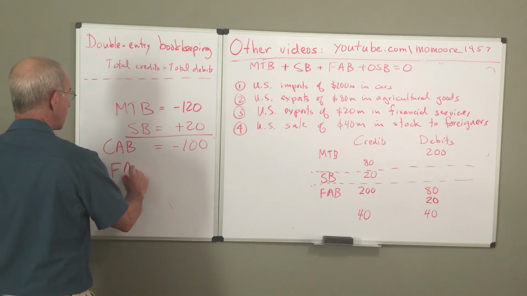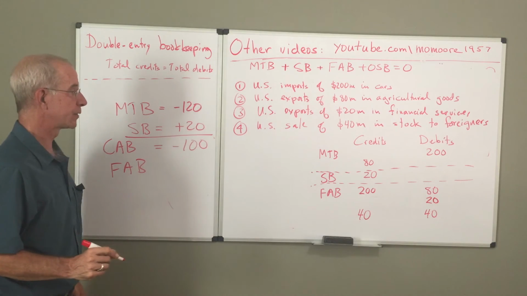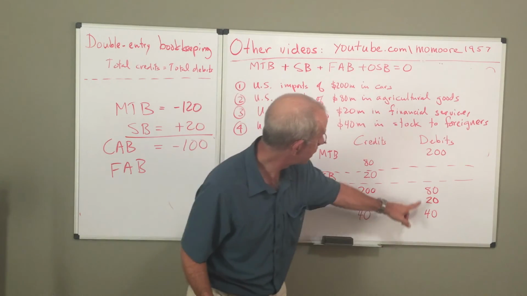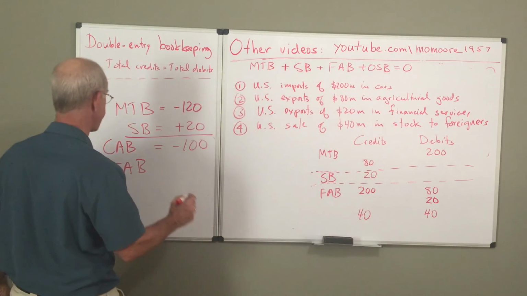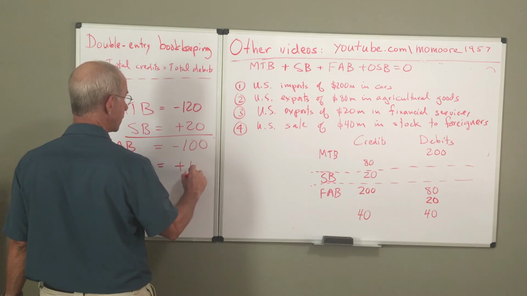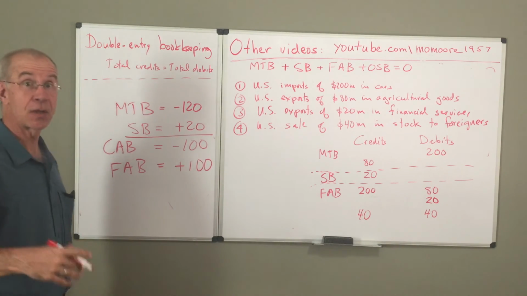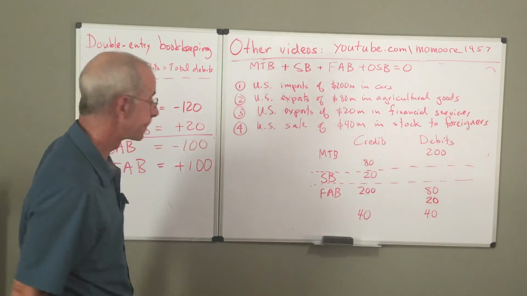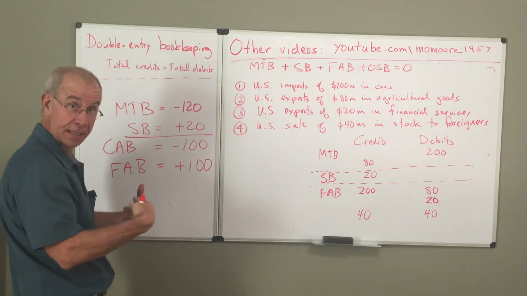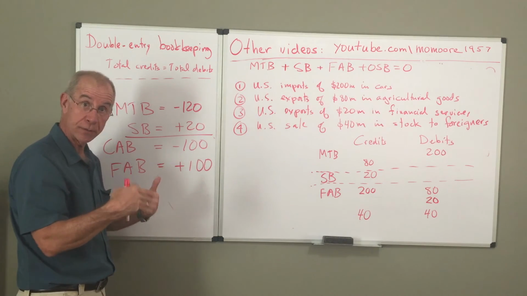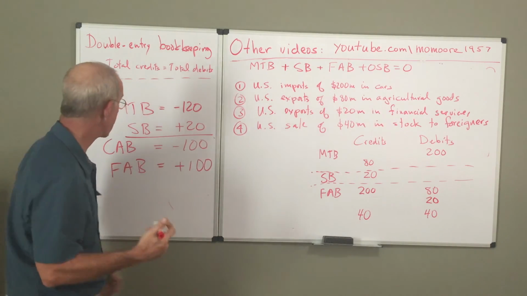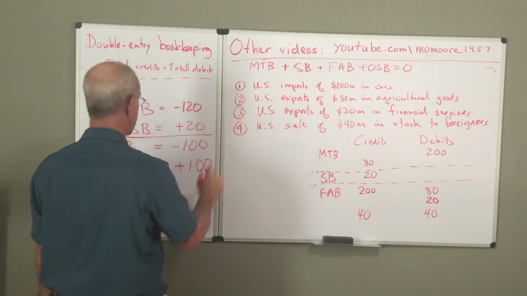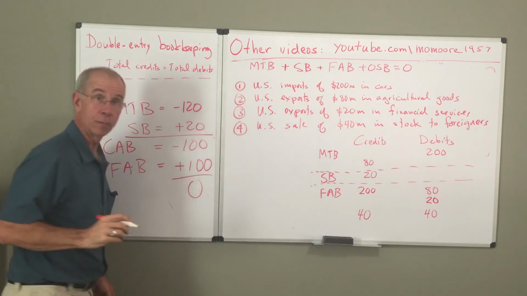Looking at the financial account balance, we've got 240 in credits and 140 in debits, and what you're left with is a financial account balance of 100. We're exporting assets. A surplus means that you're exporting more than you're importing, so we're selling off assets more than we're importing them. But the overall balance of payments is 0.